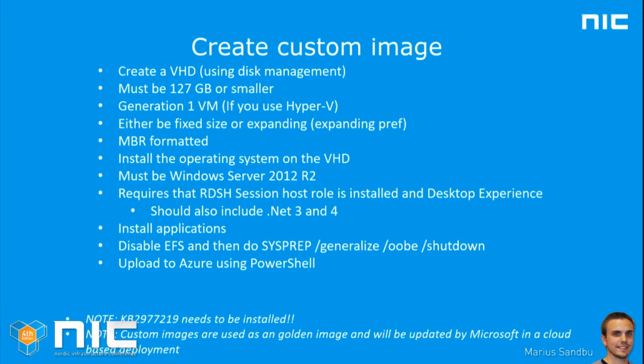So we just create a VHD, mount it, install Windows Server on it, install the applications, install the RDS session host role. You should also include desktop experience as well as .NET Framework, because you have a lot of application requirements using .NET Framework.